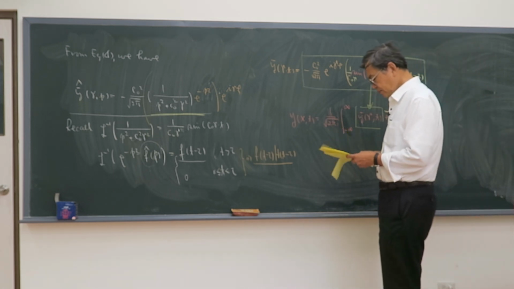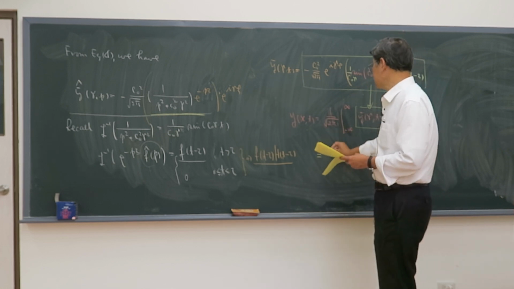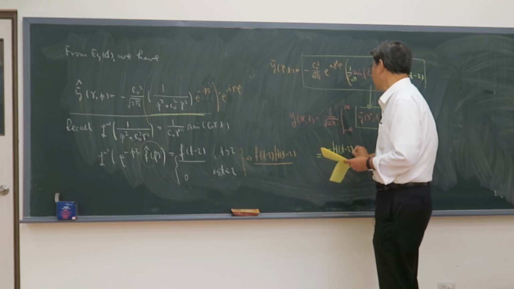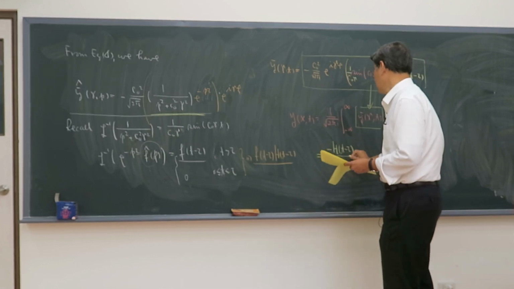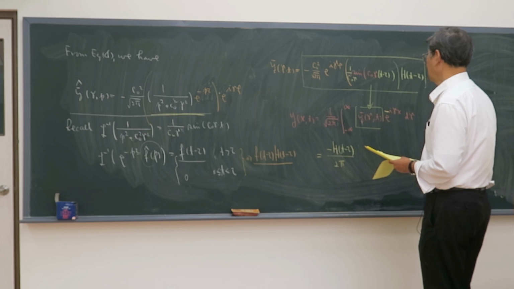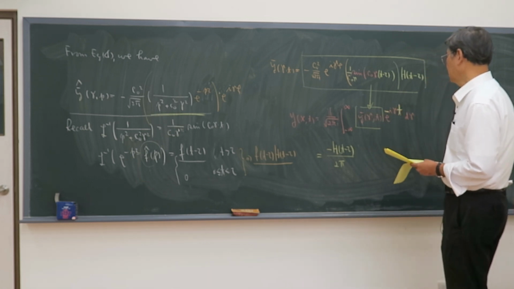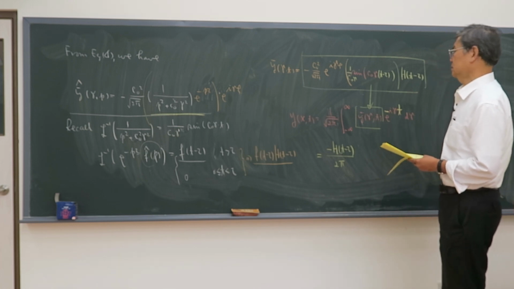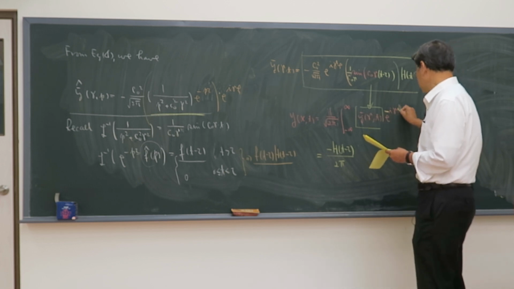So then we get y t is equal to minus Heaviside t minus tau, and we have this 2 pi, and it's gamma, sorry, gamma x, right?